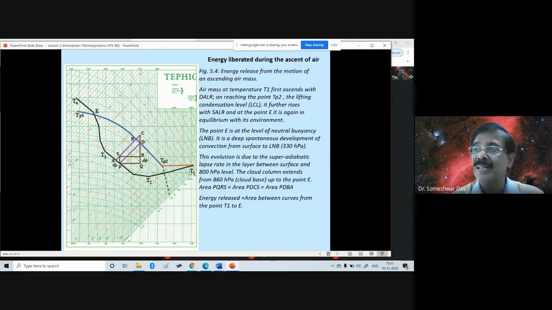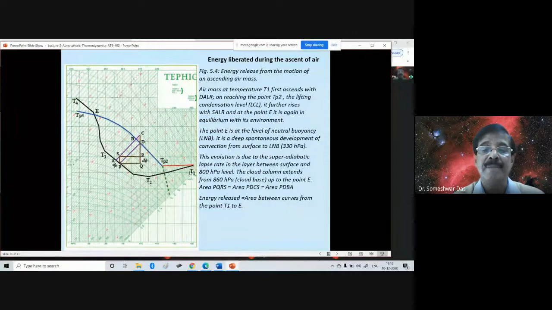In that case it cannot go, because it requires so much energy which is not available, either through convection or through the mechanical process. And so the atmosphere will remain stable. That is the case of a stable situation, and so no clouds will form. The atmosphere will be dry, a clean, sunny day, etc.